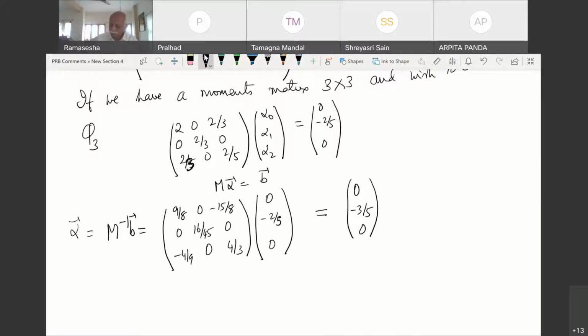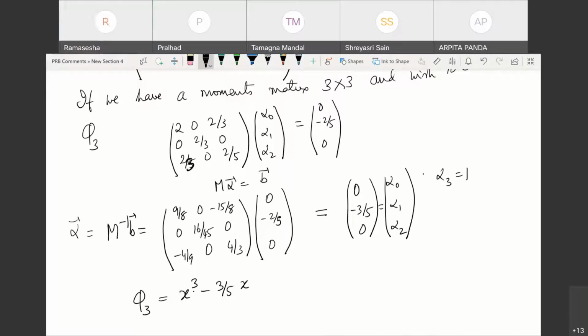Okay. And I know that this is alpha 0, alpha 1, alpha 2, alpha 3 is 1. So I get p3(x) equal to x cubed minus 3 by 5 x, because alpha 1 has a coefficient minus 3 by 5, alpha 3 is set to 1. So I have x cubed minus 3 by 5 times x.